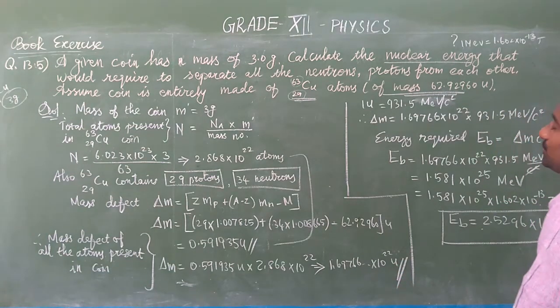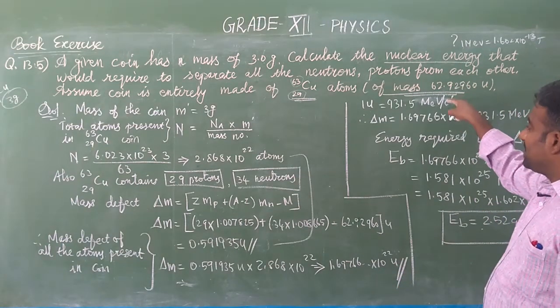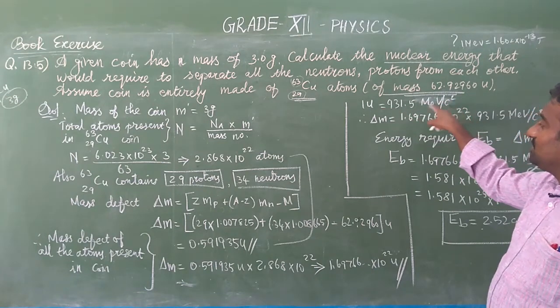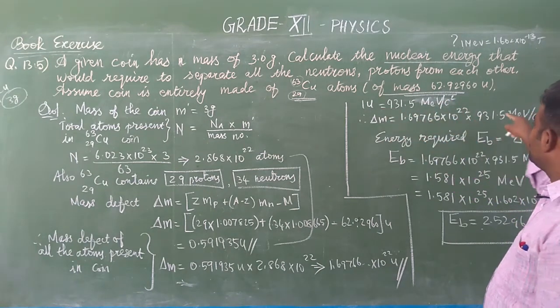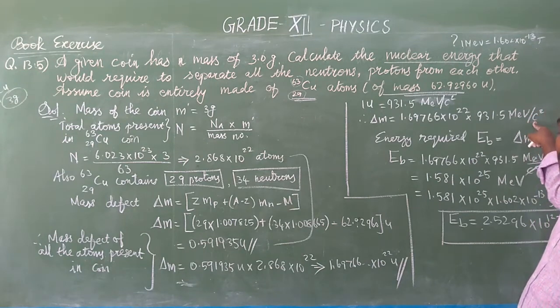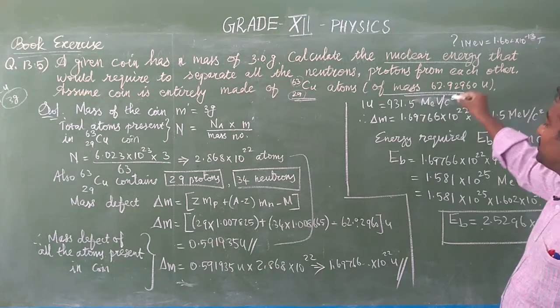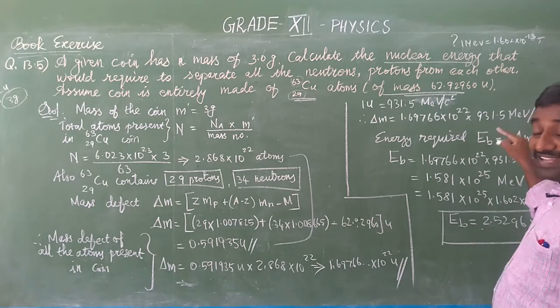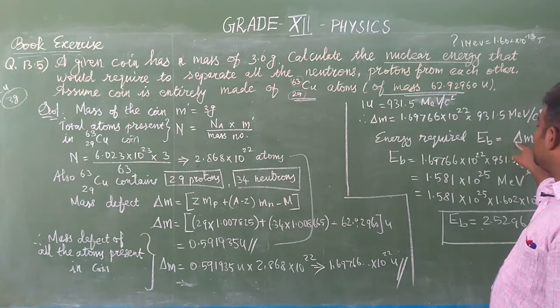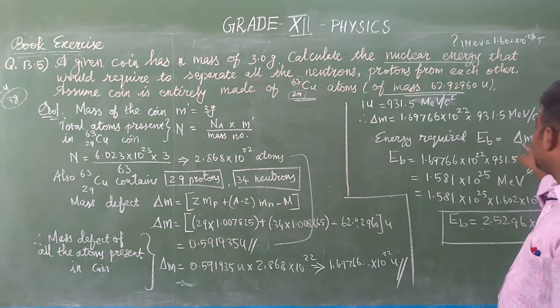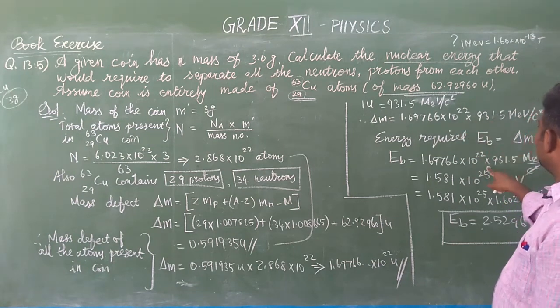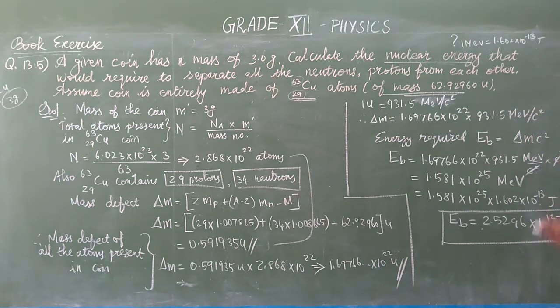Okay. We need energy, no? So to convert this into energy, 1 u value we know. Therefore, the mass defect is equal to how many mega electron volt by the square of speed of light. So the energy required to break, from Einstein relation, is equal to delta m c squared. So delta m is the mass defect we found, divided by c squared. So both get cancelled.